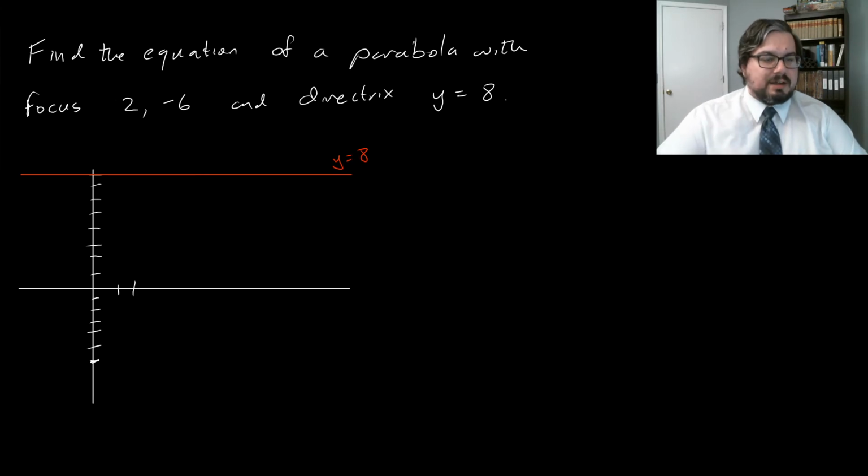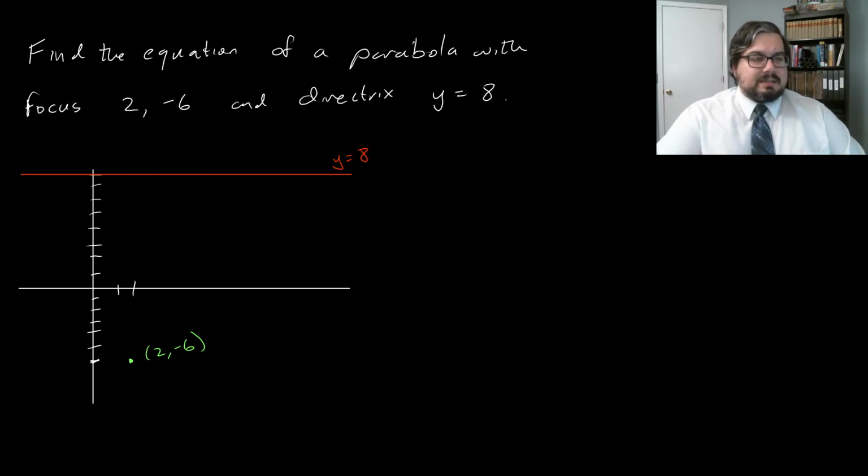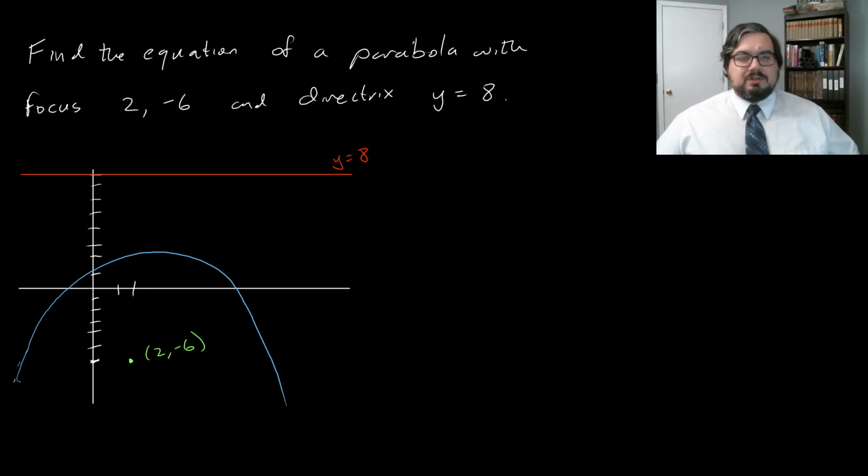So there's our directrix, and then our focus is way down here at the point 2, negative 6. So from this, what we can see is that, broadly speaking, our parabola is going to look something like this. It's going to pass between the focus and the directrix. It's going to be curved in the direction of the focus.